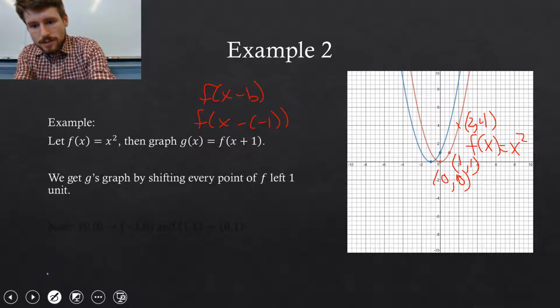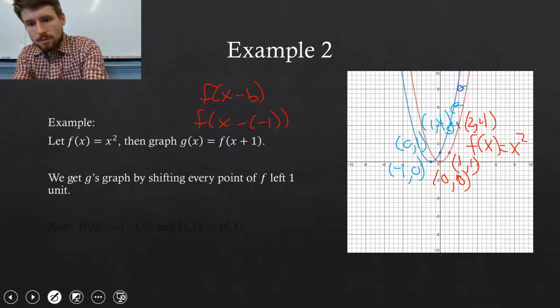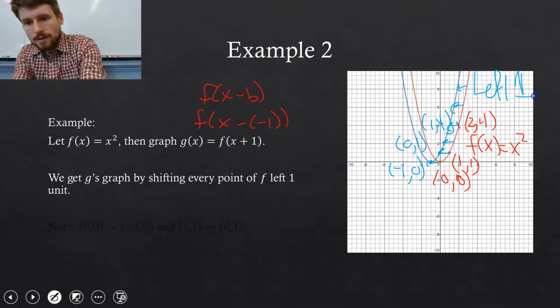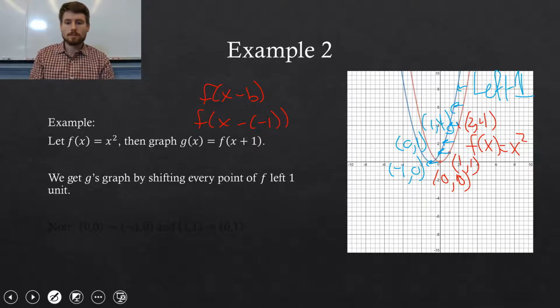Well, 0, 0 is now here at -1, 0. And 1, 1 is now here at 0, 1. And 2, 4 is now here at 1, 4. Okay, so everything got moved left 1 unit. So we took the whole thing and we went left by 1 unit. Okay, so that's how we got the graph of g from the graph of f.